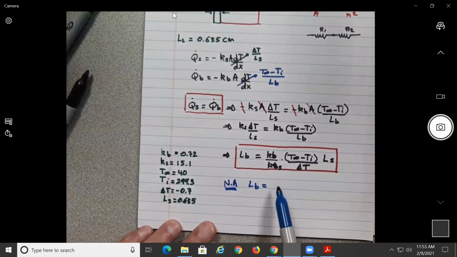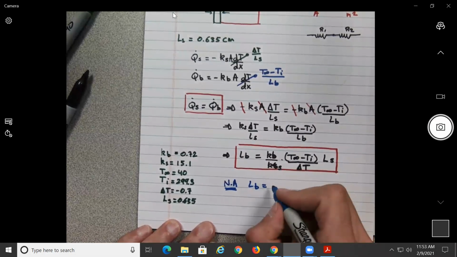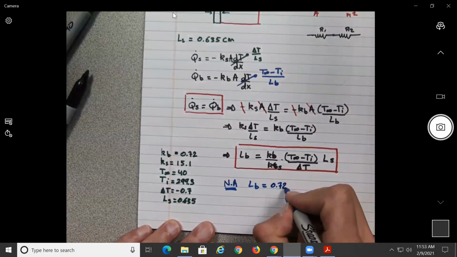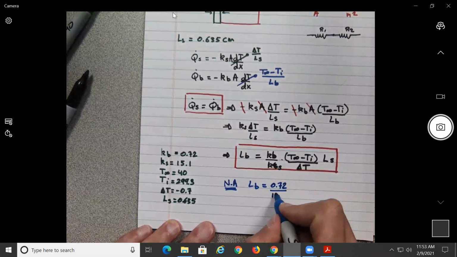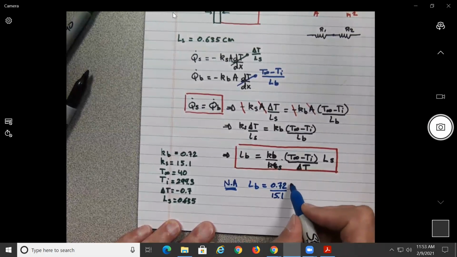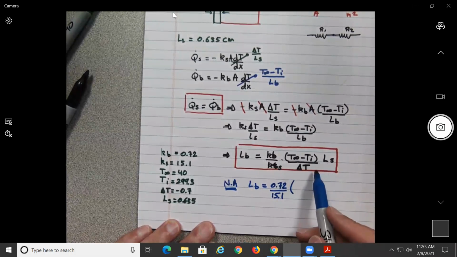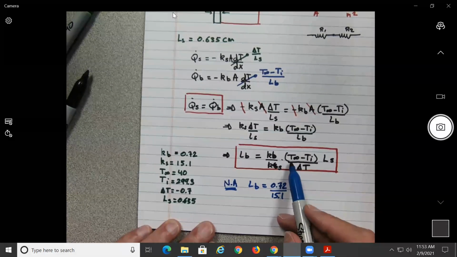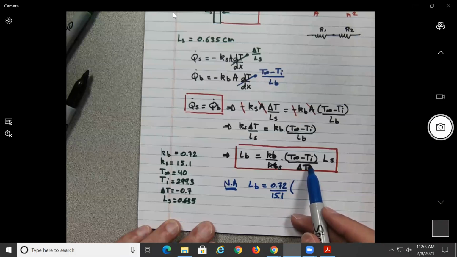So you could do over here 0.72 divided by 15.1. Then we don't need to change the temperatures either because it will cancel, and it doesn't matter if you do the difference between two temperatures in Kelvin or Celsius.